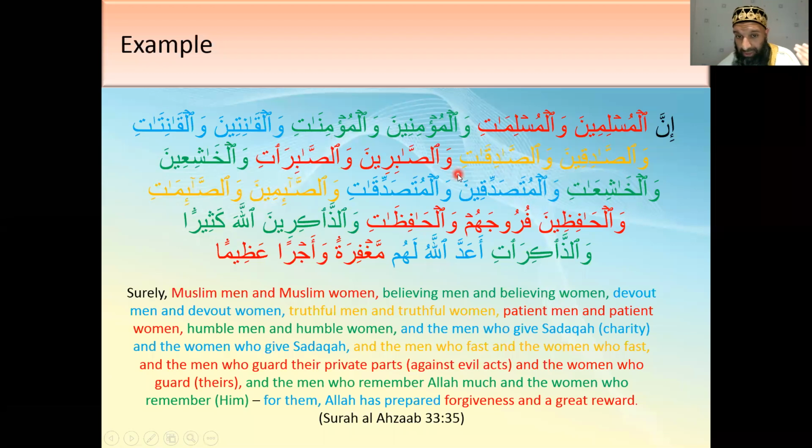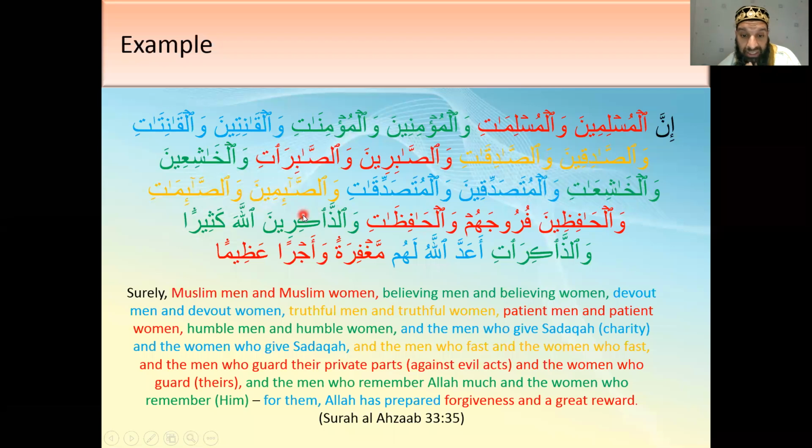This is part of a verse of the Quran. Was sabirina, and the patient men, was sabirati, and the patient women. Wal khashi'ina, those who are humble from the men, wal khashi'ati, and from the women. Wal mutasaddiqina, those who give sadaqah from the men, wal mutasaddiqati, and from the women.